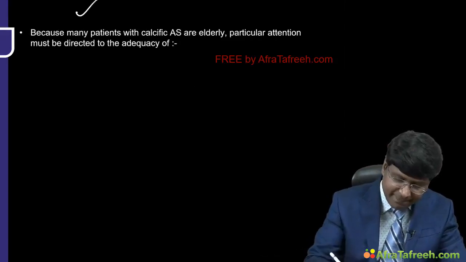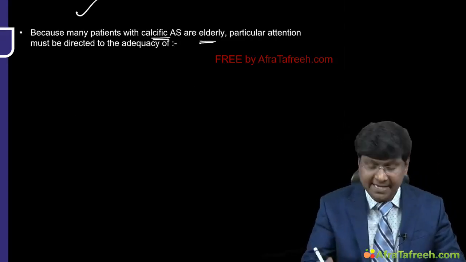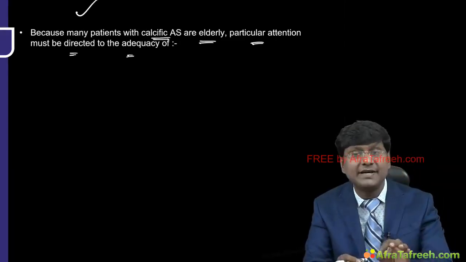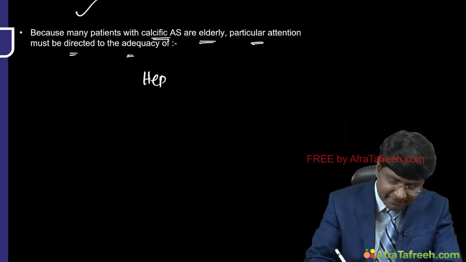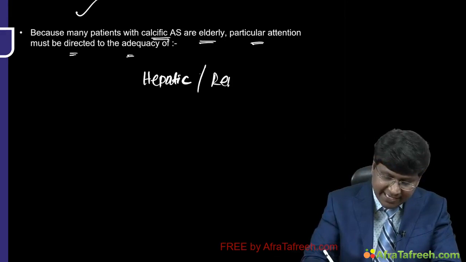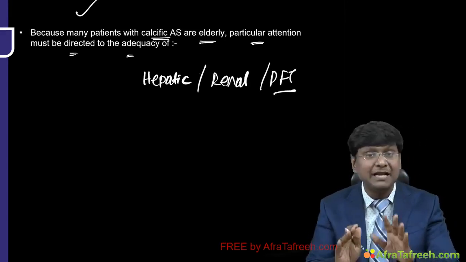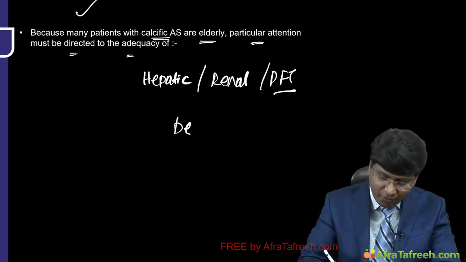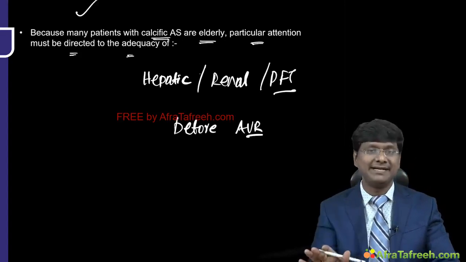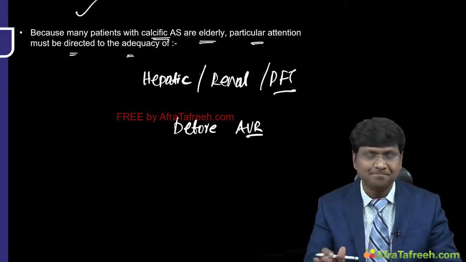Because many patients with calcific aortic stenosis are elderly individuals, particular attention must be directed to the adequacy of the hepatic function, because these patients also have hepatic as well as renal impairment, and you also need to check the pulmonary function test before aortic valve replacement is recommended. So before doing this, you need to do the all system workup.